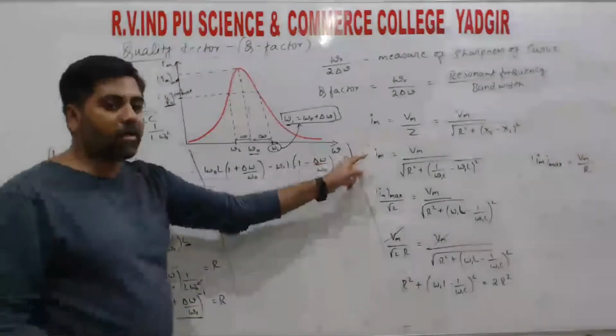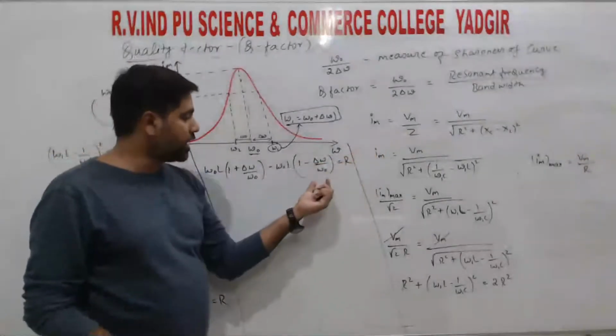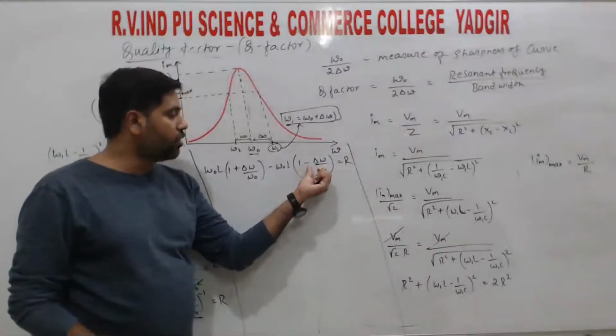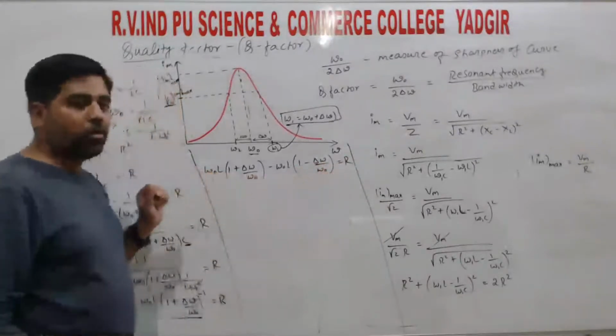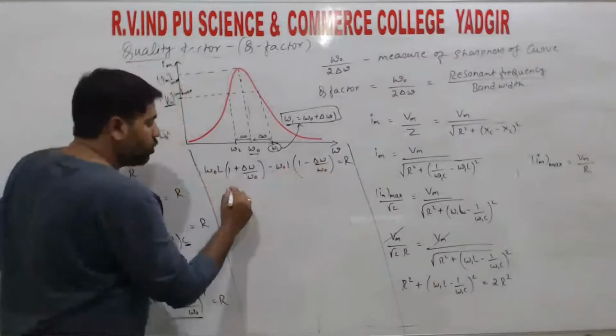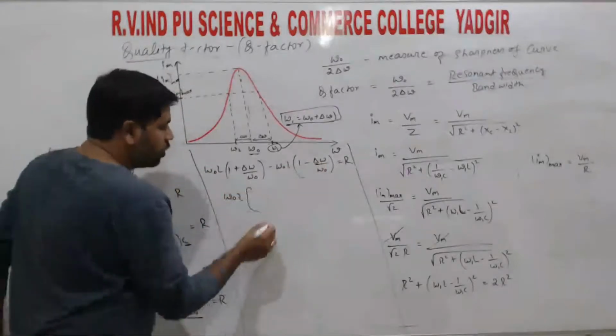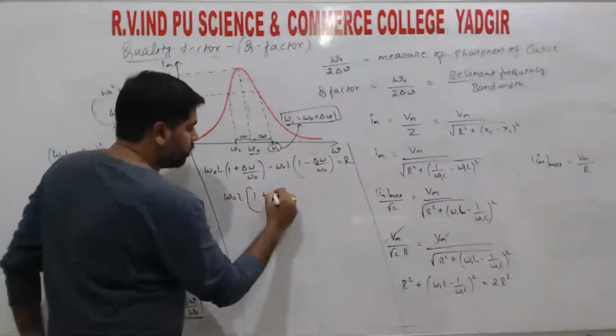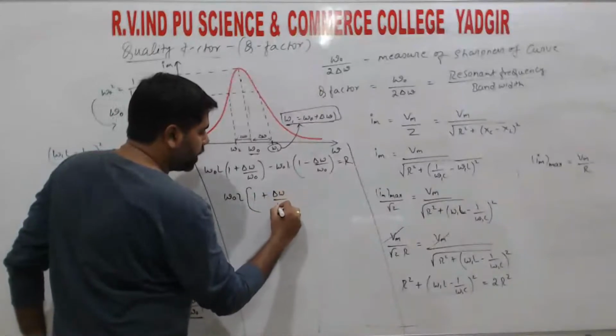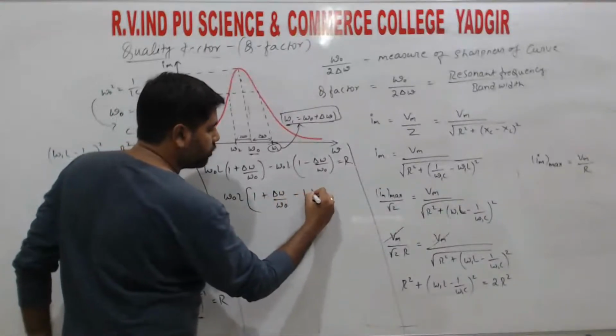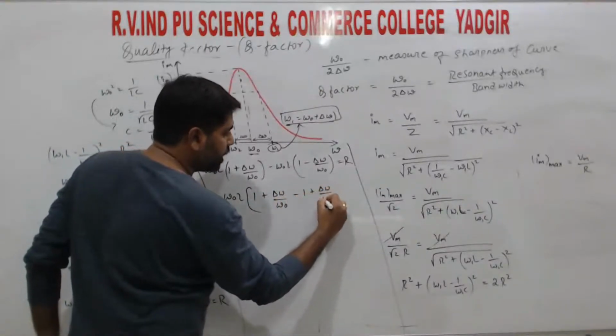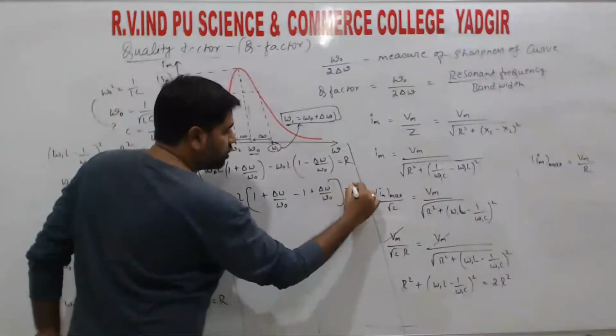So neglecting the higher values, the square and cube terms, we can only write 1 minus delta omega by omega naught. In these two terms omega naught L is common, so we take it common, that is equal to R.